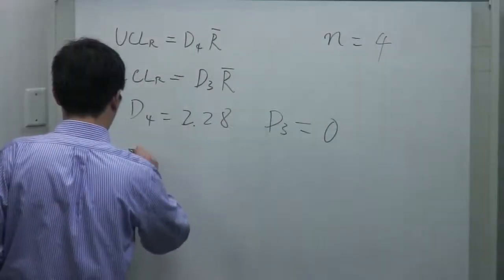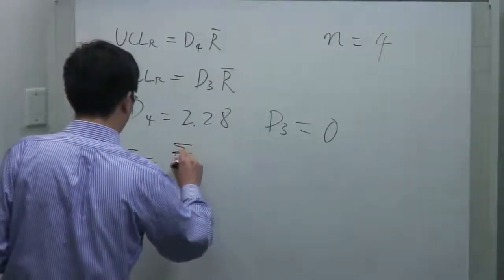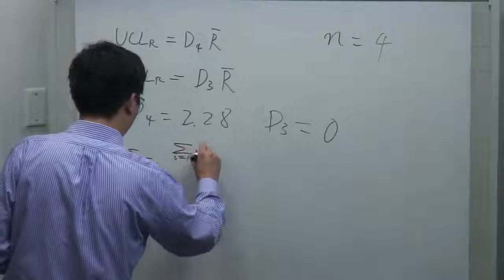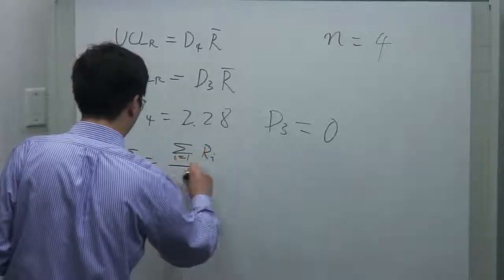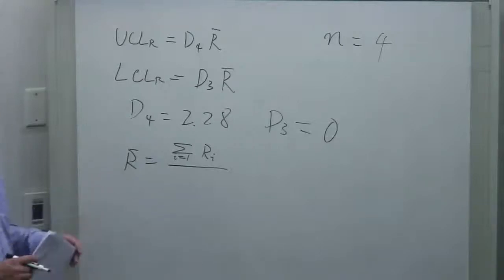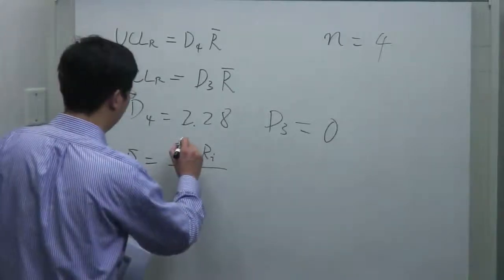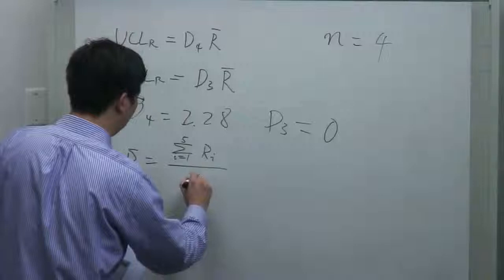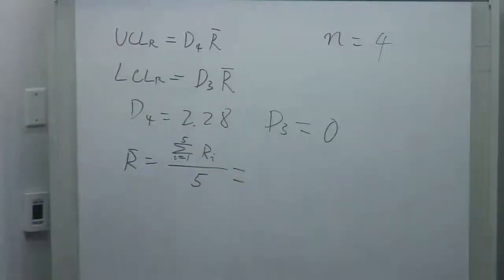R bar equals the summation from i equals 1 to k of Ri, divided by k. So what is the value of k here? How many samples do we have? 5. Great.